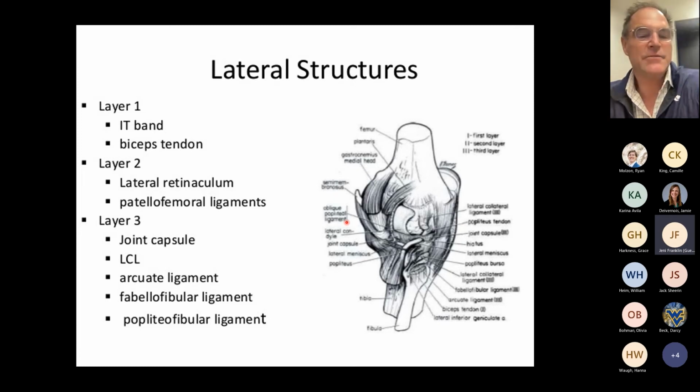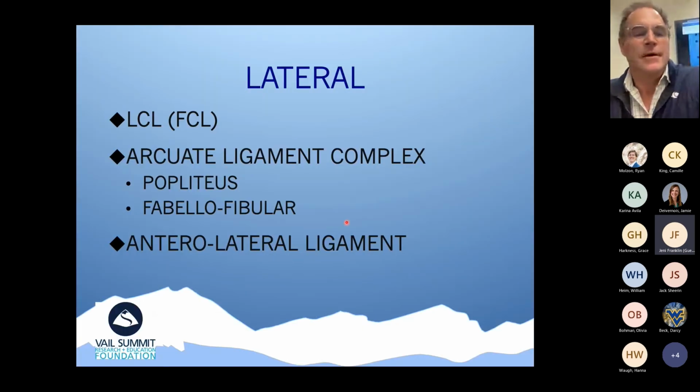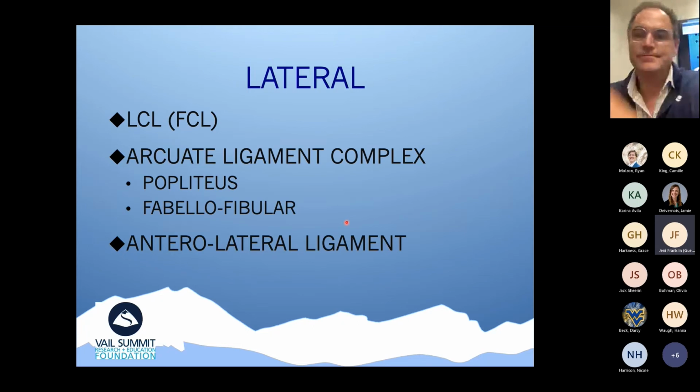We don't need it. We need to stop it. So lateral side, we talked about LCL and FCL being interchangeable. The arcuate ligament complex, which is popliteus, fibulo-popliteal, and that whole arcuate complex, is that expansion of the capsule out there. And then the ALL, or anterior lateral ligament.